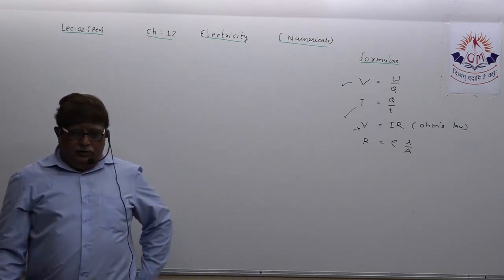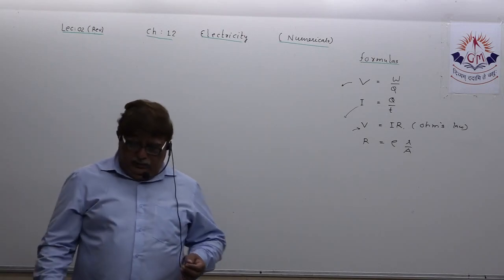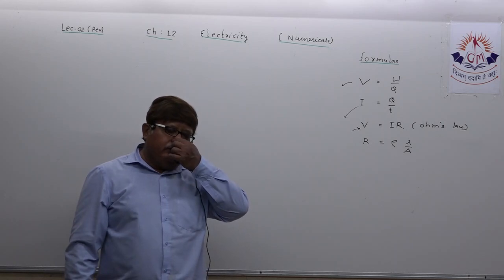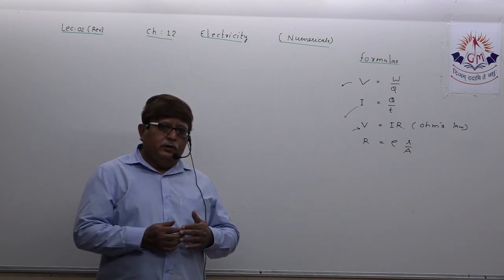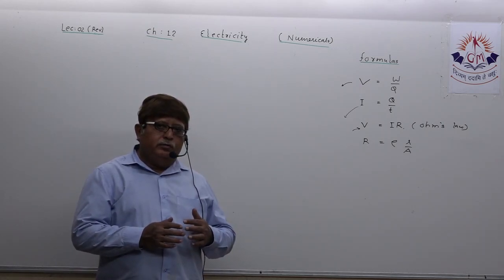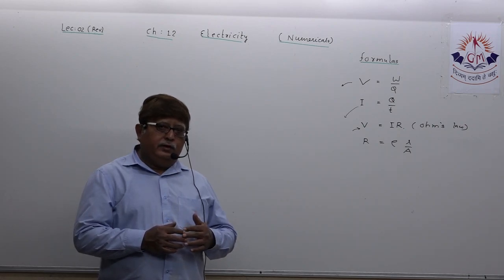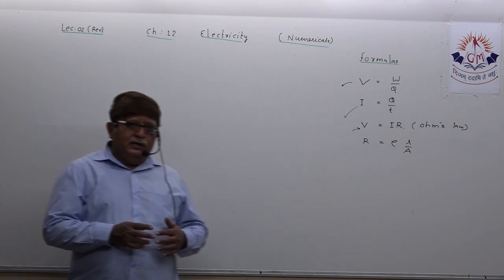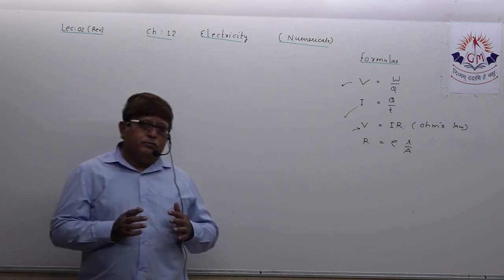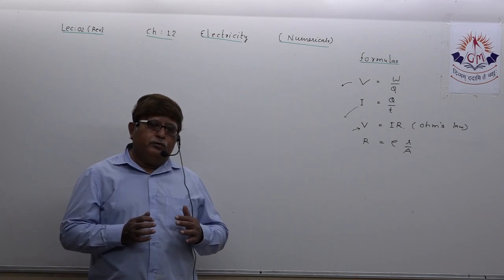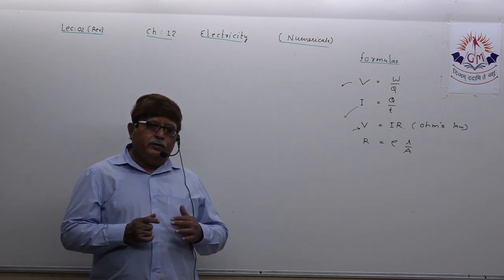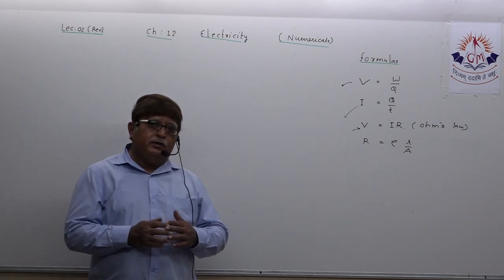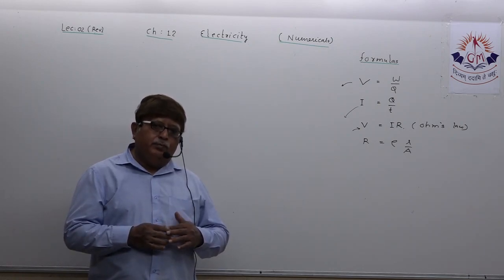See, actually, I have once asked in one WRT already this question, and many students were able to answer the same question correctly also. But here, now, I just want to show you the method to solve such type of numerical. Why the method is important?